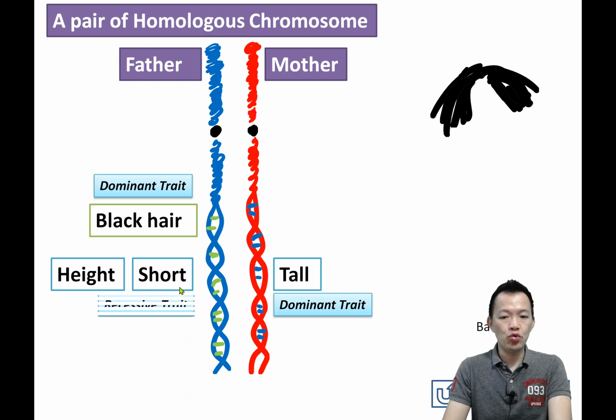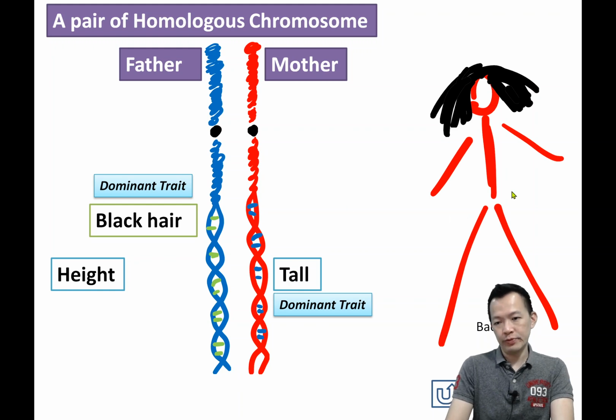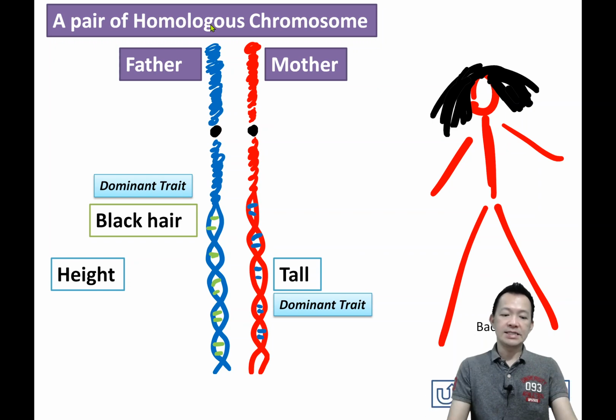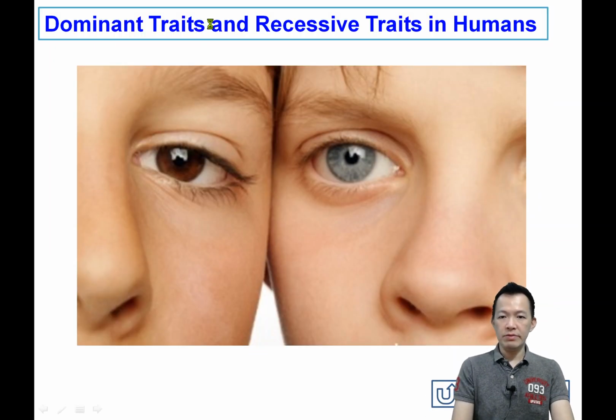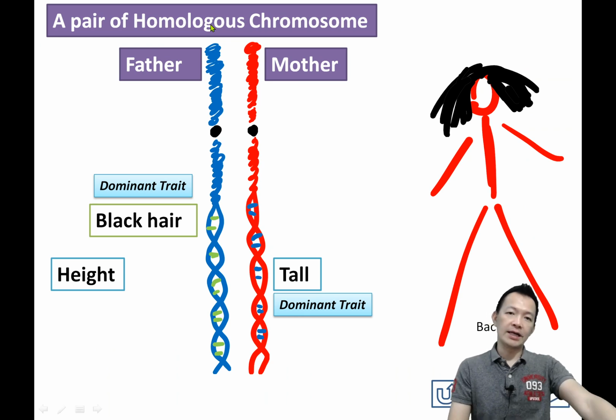So finally you follow the dominant tall, though normally, as there can be exceptions. So this should be you: tall like your mom, black hair like your dad. So this is the chromosome and the gene. They are in pairs in our cell nucleus. So you have solved two words, chromosome and gene.